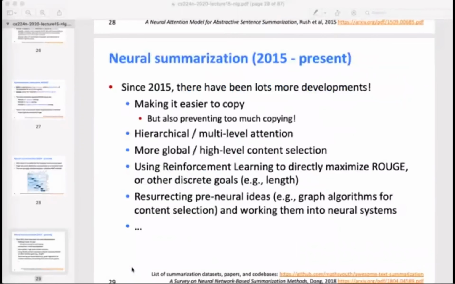And also, since 2015, there have been lots of developments regarding different aspects. For example, researchers have been making efforts in making it easier to copy for the models. What does it mean by copying? Basically, for summarization, sometimes it's just easier to copy words and snippets from the original text into the summary, right?